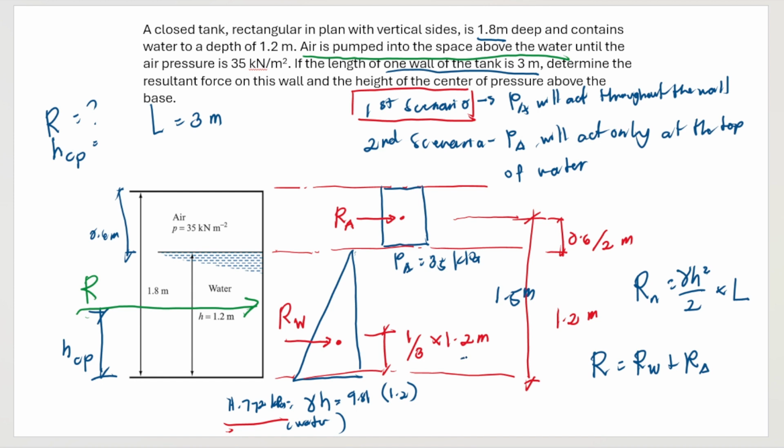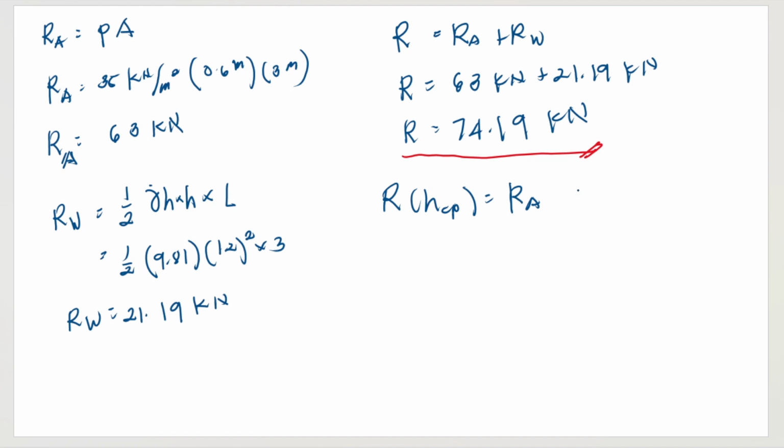Ito naman, equal to sa 1/3 ng 1.2 meters equal to 0.4 meters. So, R sub A is may height na yung kanyang pressure na 1.5 meters. Tapos sa water is may height na from the base na 0.4 meters.